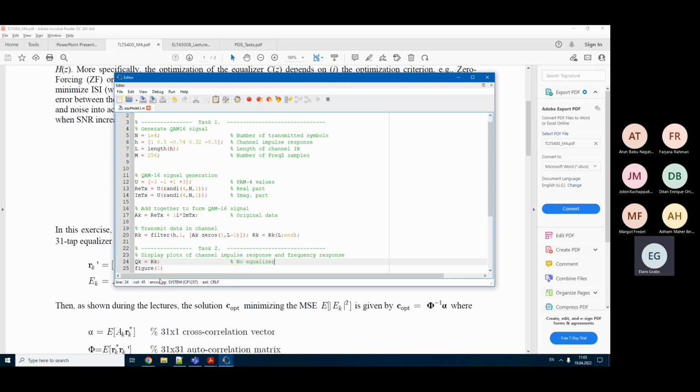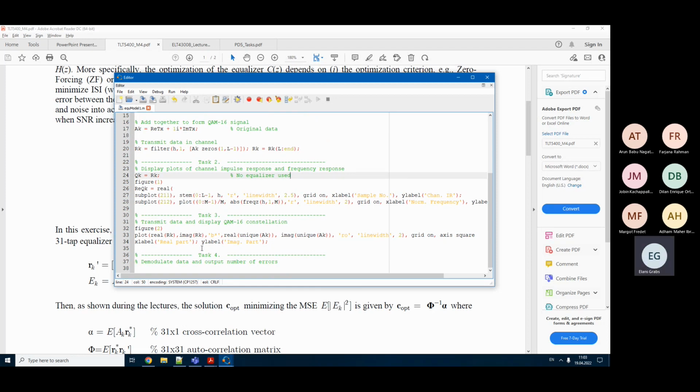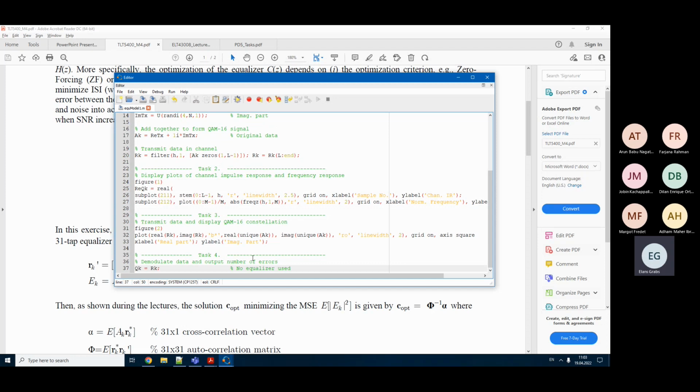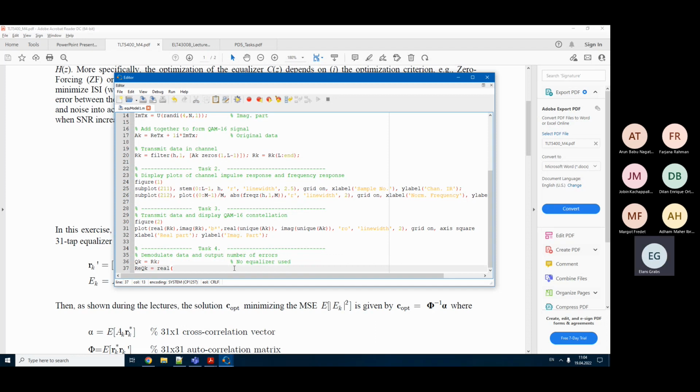No equalizer used. Sorry, where I have written it, it should be in the end here. This should be also QK.